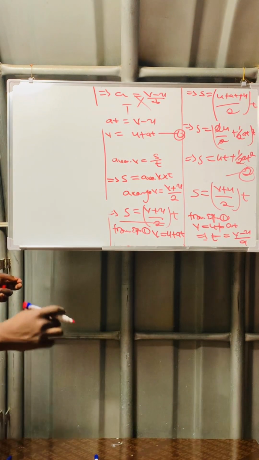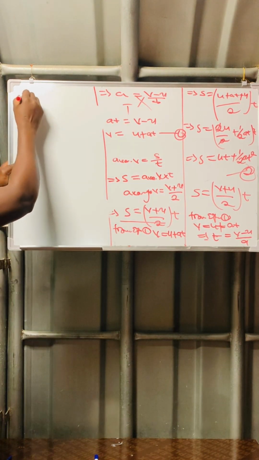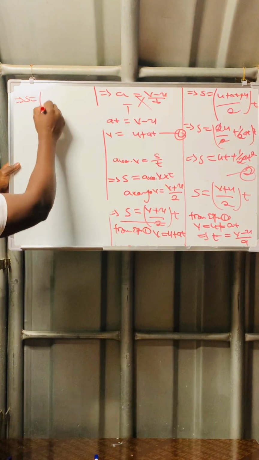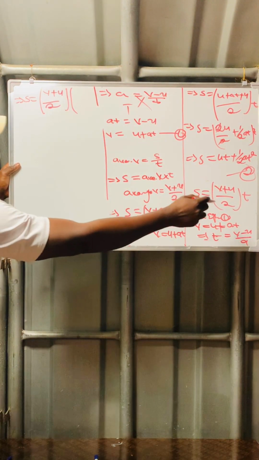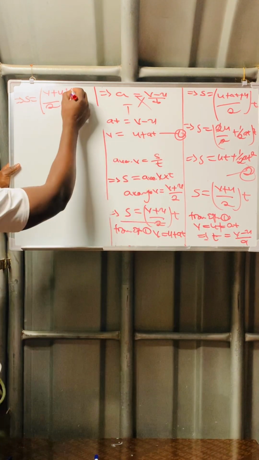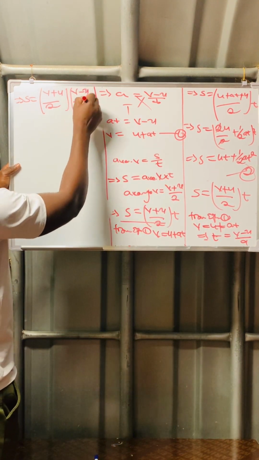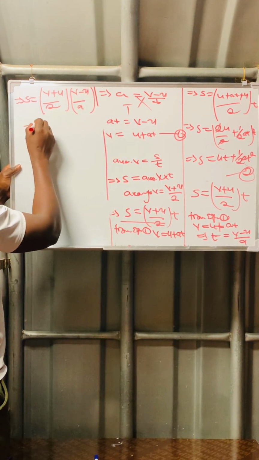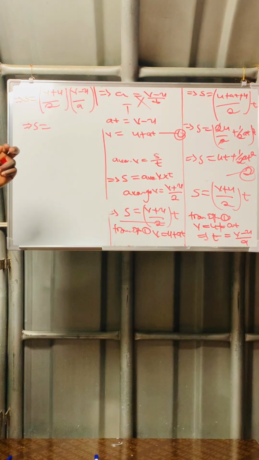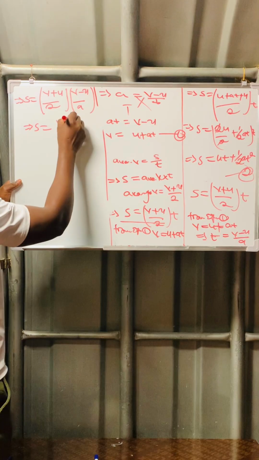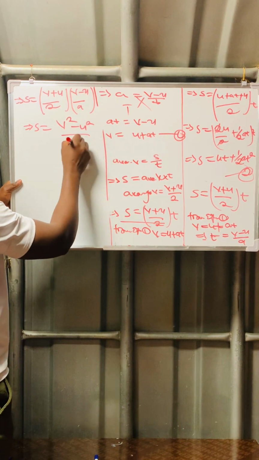Let's substitute this into s. This implies s is equal to v plus u all over 2 multiplied by bracket open, wherever you see t, you put v minus u all over a. Multiplying these is the same thing as the difference of two squares. So you get v squared minus u squared all over 2a.